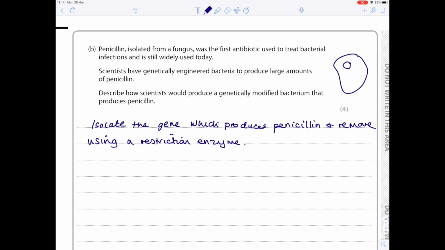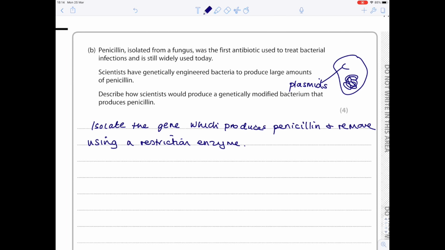So the bacterial cell here contains both the nucleoid, so the DNA, and it also contains small circles called plasmids, and they're actually what's needed in genetic engineering, because what you do is you chop open those plasmids, you insert that gene that you're after, so the one responsible for producing penicillin, you pop it back into the bacterial cell, which reproduces and therefore produces the penicillin or the insulin or whatever you're after.